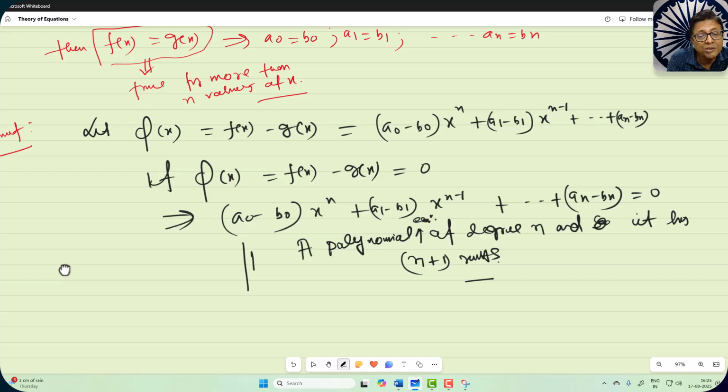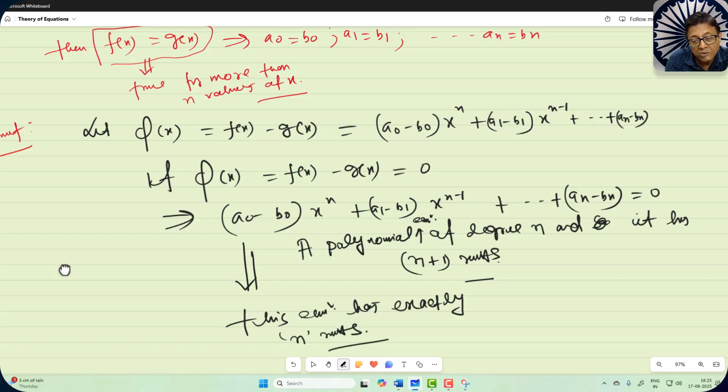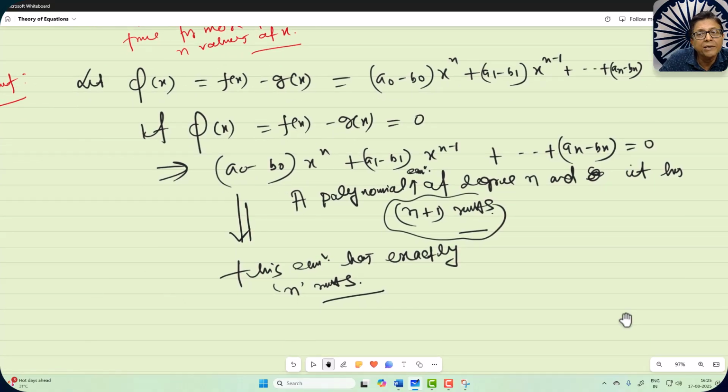But this equation has exactly n roots, and you are telling me n + 1 roots. So this is possible only if this is an identity.